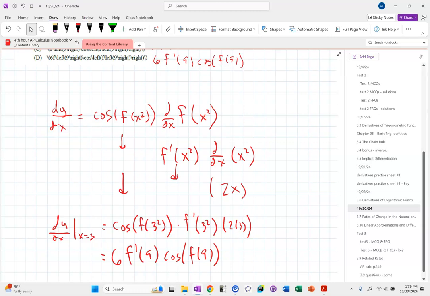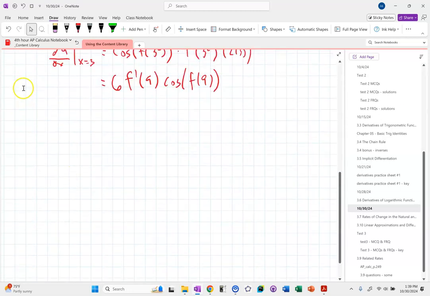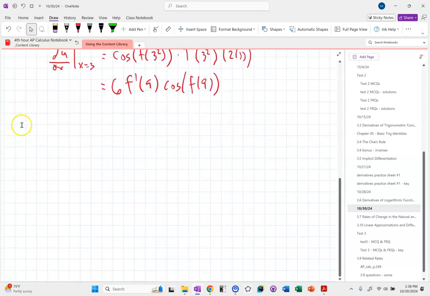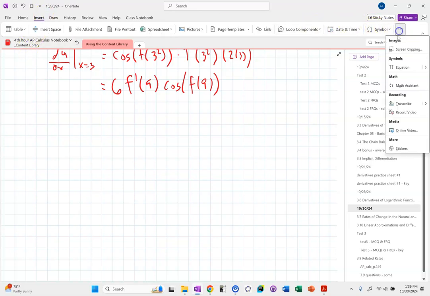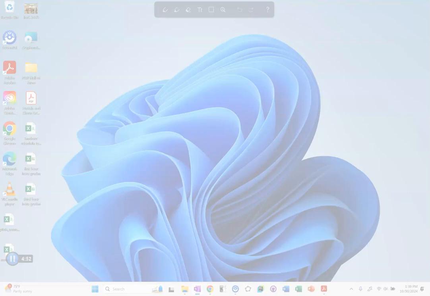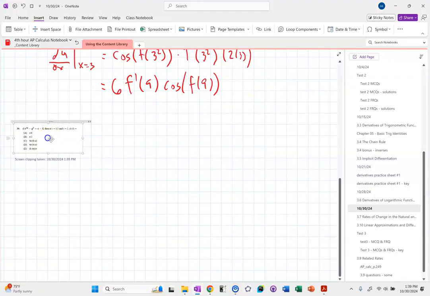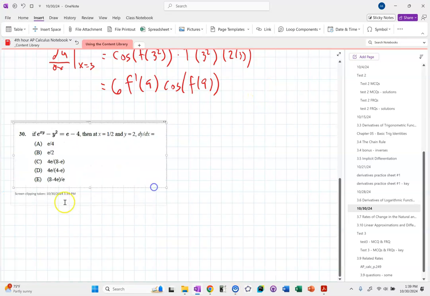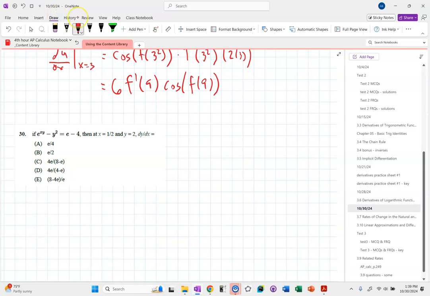30, that's the last one? Sure. All right, so we have e to the xy minus y squared equals e minus 4.